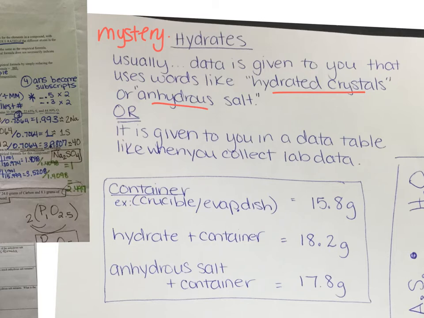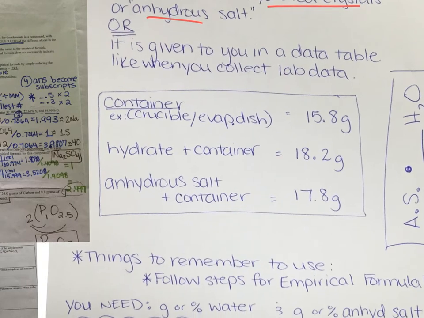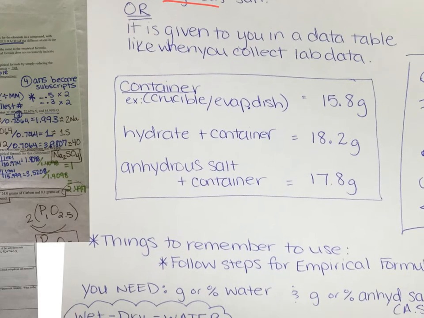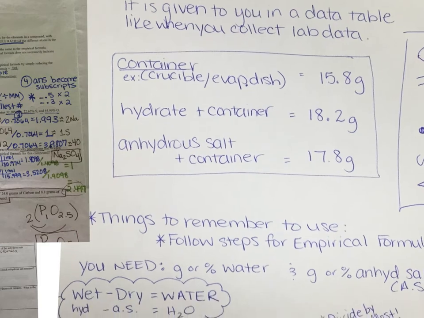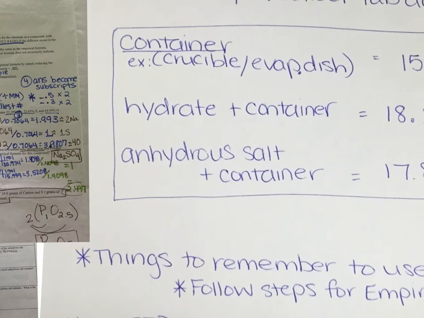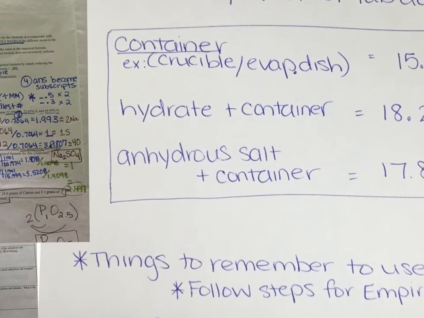The other way that these problems are worded is we give you a data table. I want to focus on the data table for a second because that's really going to relate to your lab next week. Okay? So in our data table, you see that we have a container value. Examples of those containers are either going to be a crucible or an evaporating dish. So we probably won't tell you it's a container. We're going to say mass of crucible. A crucible is a little dish that has a little lid on it. An evaporating dish is an open one. And you see the value off to the right, 15.8.